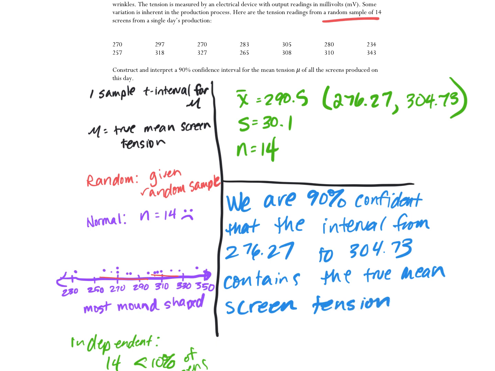So when you think about this interval, the interpretation's still the same thing, right? It's just like this is essentially going to be whatever mu is instead of whatever p was.